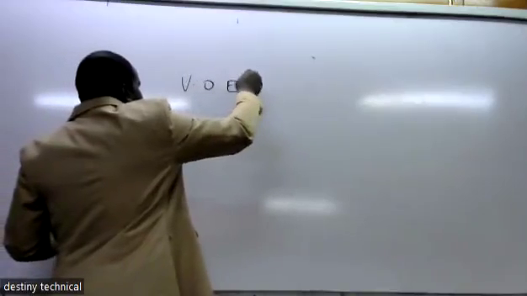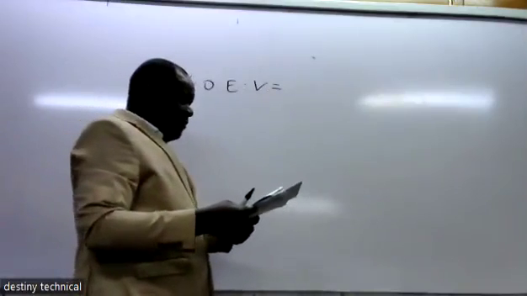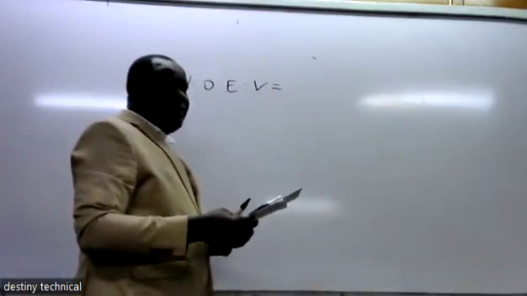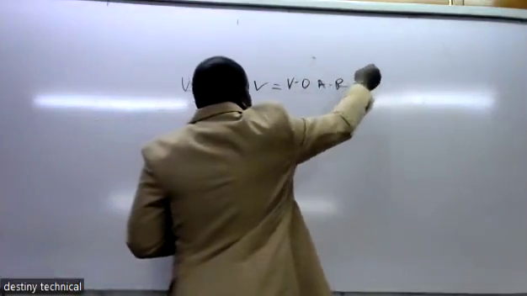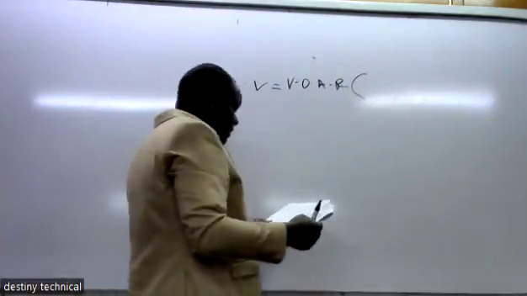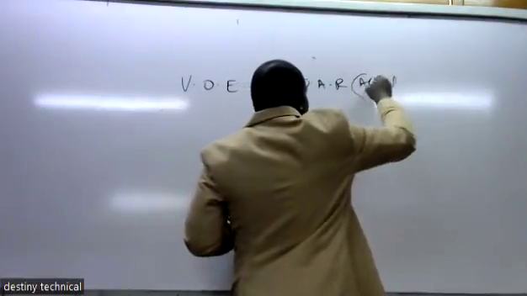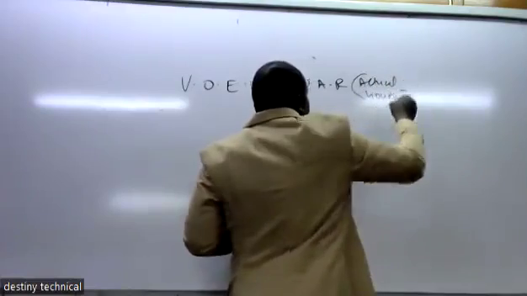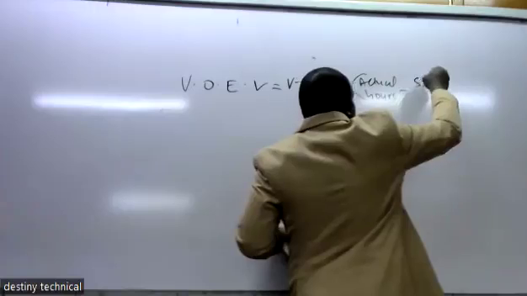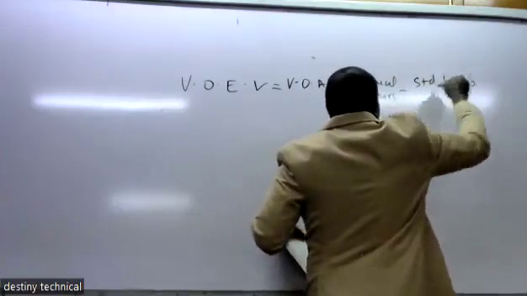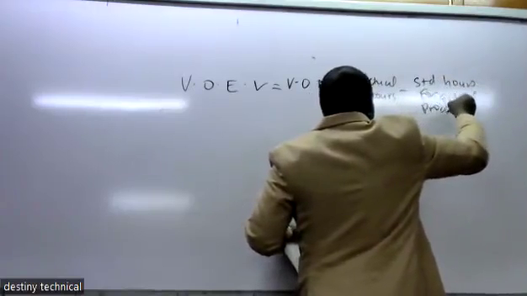So the variable overhead efficiency variance is supposed to be given by the variable overhead absorption rate in the brackets of the actual hours minus the standard hours for the actual production.